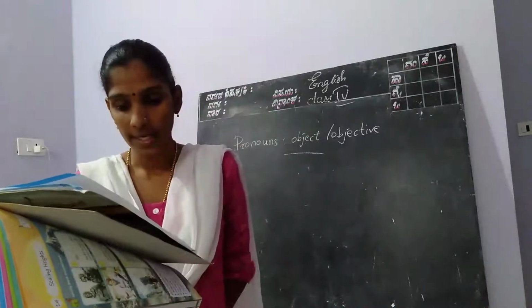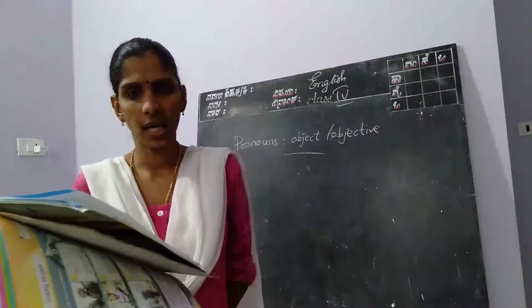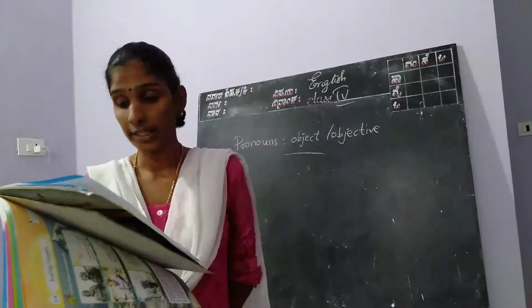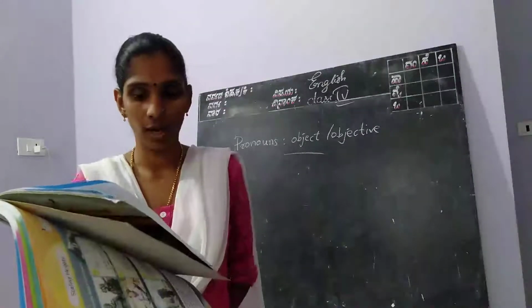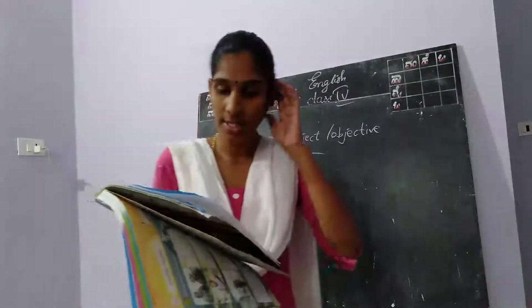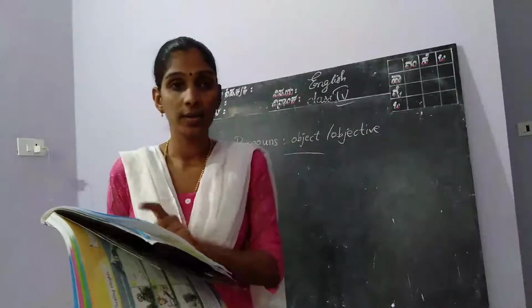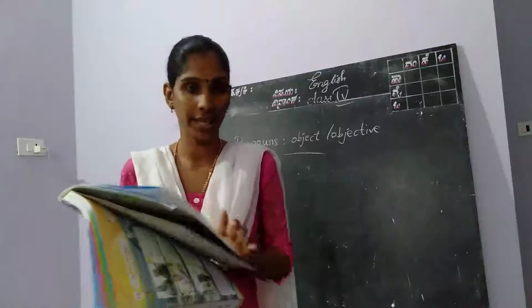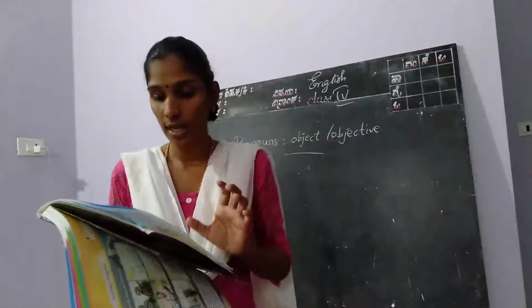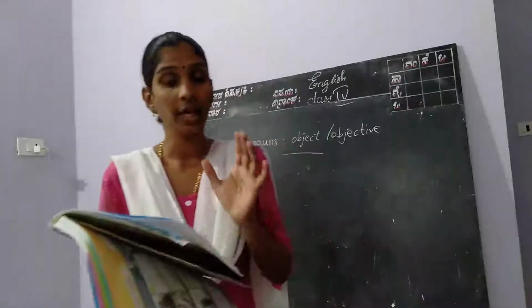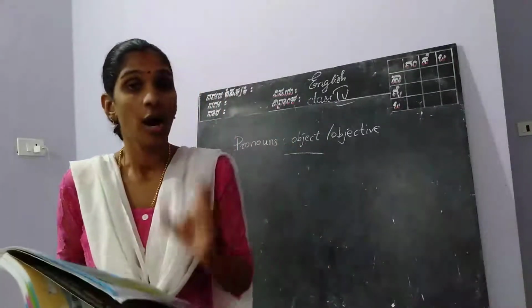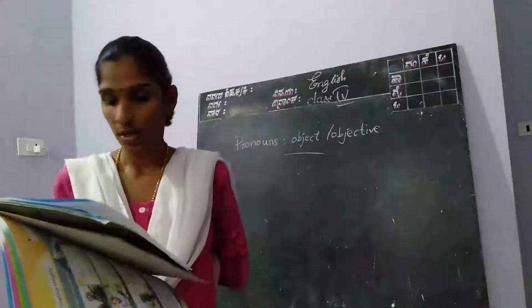In the above sentences, the words her, you and them are object pronouns. Actually those sentences are from our textbook, our lesson. These three words, her, them and you, are object pronouns.